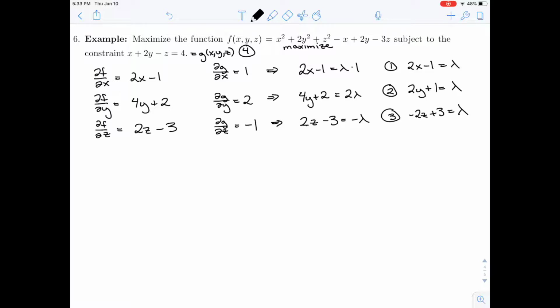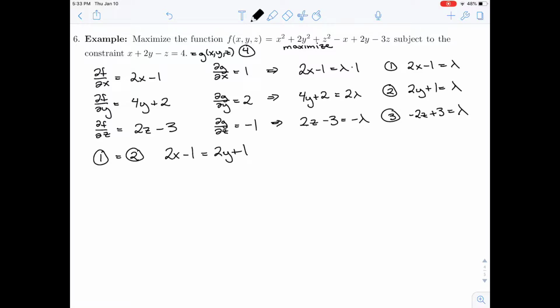Okay, so we'll begin the same way that we did in the previous problem. We'll set equation 1 equal to equation 2, so that 2x minus 1 is equal to 2y plus 1.